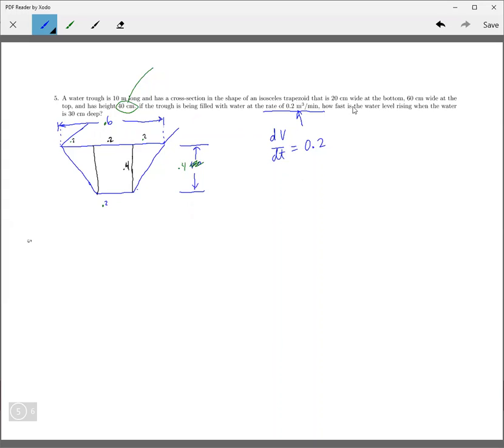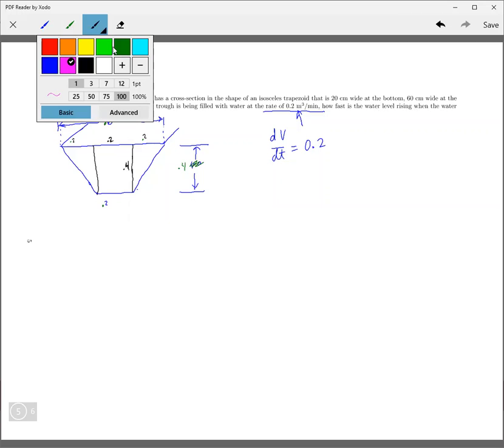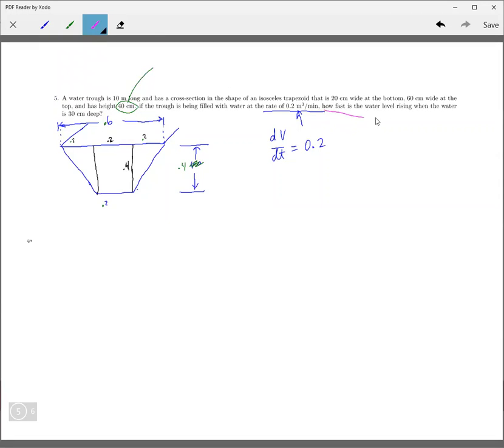Okay, and then the question is, how fast is the water level rising when the water is 30 centimeters deep? You can rephrase that. How fast is the water level rising? So that would be, what is dh/dt when h is 0.3?